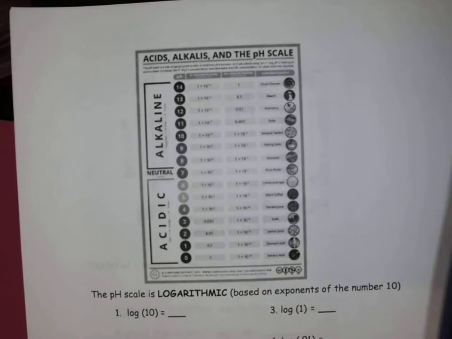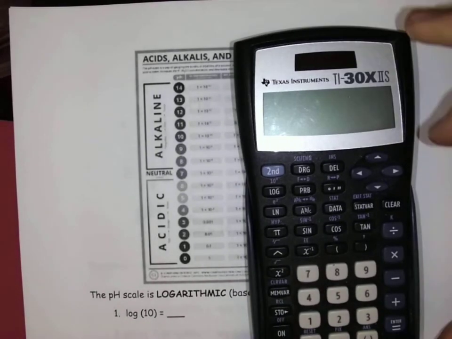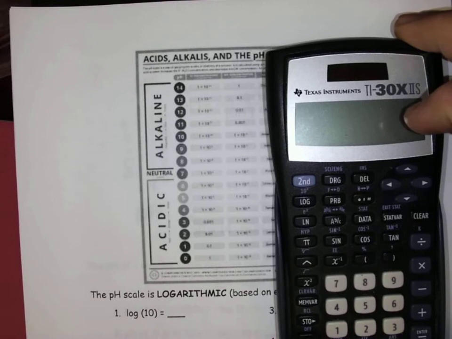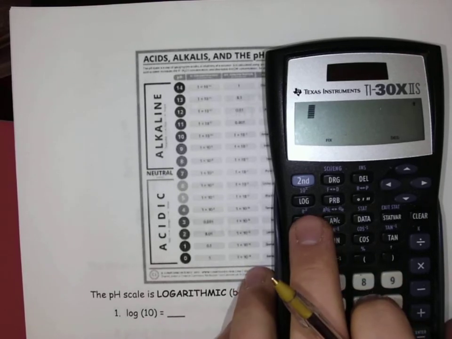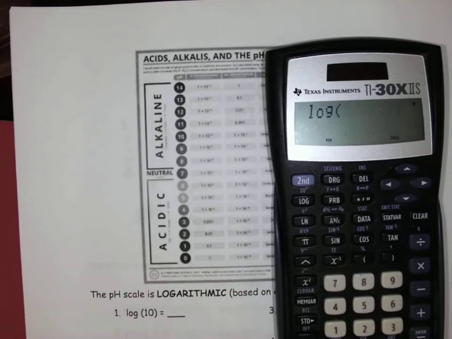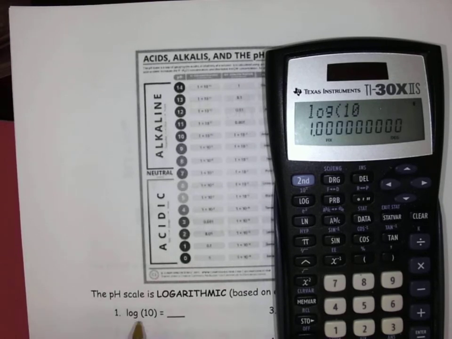If we have not used the log button before, we're going to learn how to use it. On our calculator, we want to put in log of 10. Here is our log button, and 10 would be our concentration. That would be a really high concentration, but the log of 10 is equal to 1.